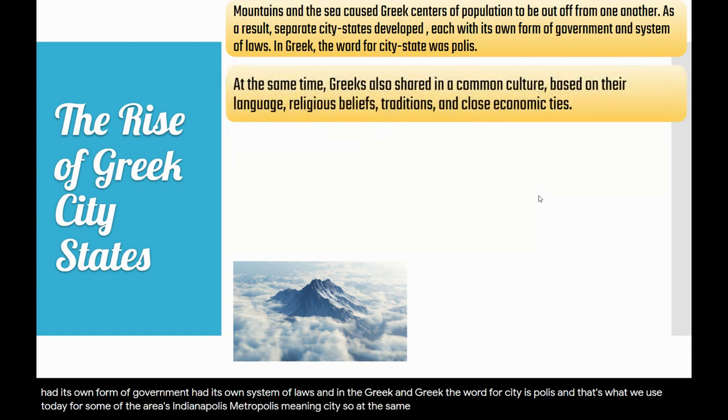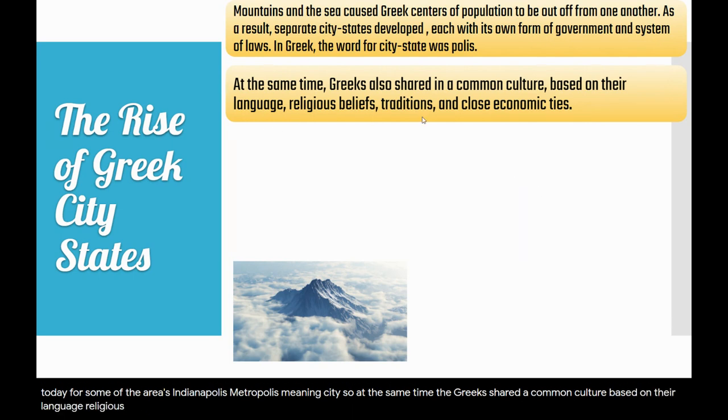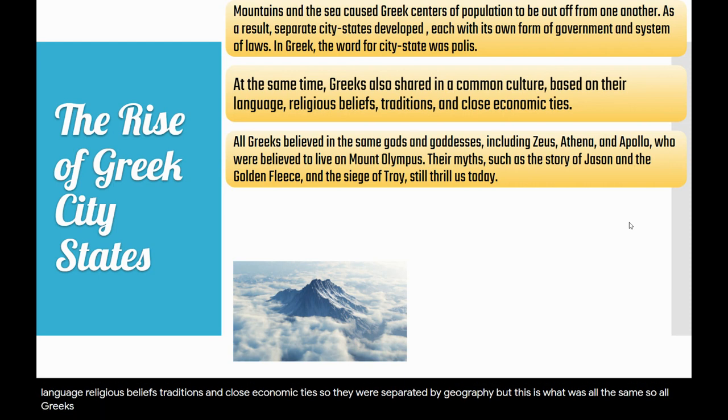At the same time, the Greeks shared a common culture based on their language, religious beliefs, traditions, and close economic ties. So they were separated by geography, but this is what was all the same. All Greeks believed in the same gods and goddesses, including Zeus, Athena, and Apollo, who are believed to live on Mount Olympus.